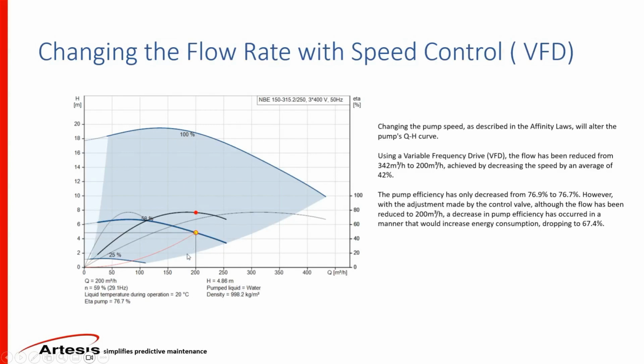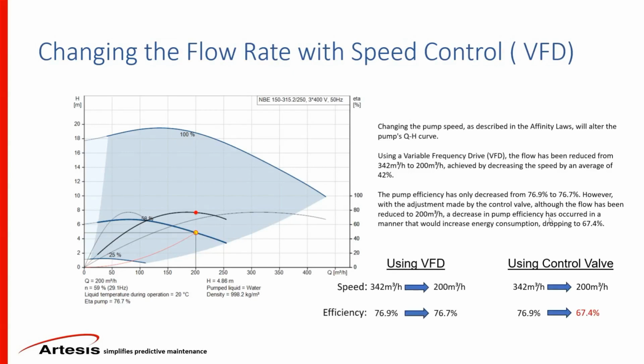And here the required power will be, of course, a lot less, and that will translate into an efficiency of 76.7%. So there was a decrease of only 0.2% efficiency here. So this is a significant cost saving, right? If you see this in numbers, with the throttling the efficiency again reduced by almost 10%. Here it's only 0.2%.